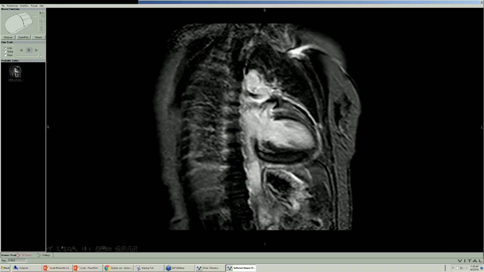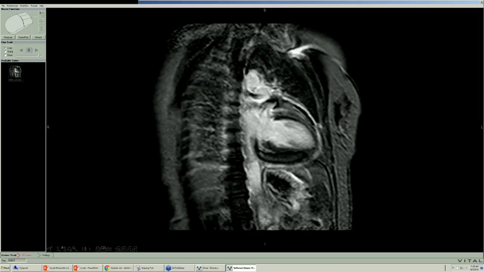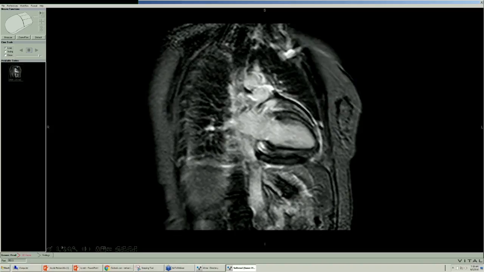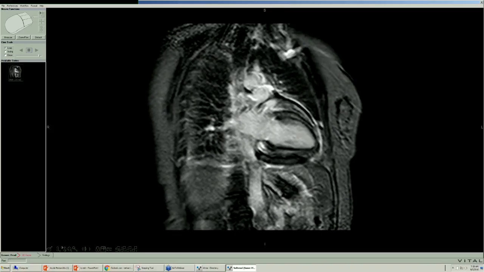So this white represents acute active pericarditis, to make the tissue actually have this gadolinium appearance of late gadolinium uptake of contrast. And so that clinches the diagnosis of acute pericarditis.